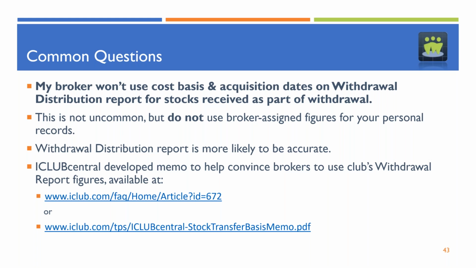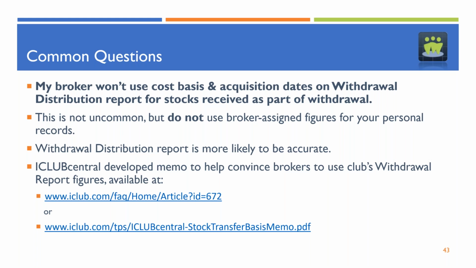Whatever you do though, even if they don't change it, you want to use the values on the withdrawal distribution report when you sell these shares. Even if it doesn't match the broker and the broker doesn't change them, you are actually required to use information that you know is accurate, even if you know your broker information is inaccurate.